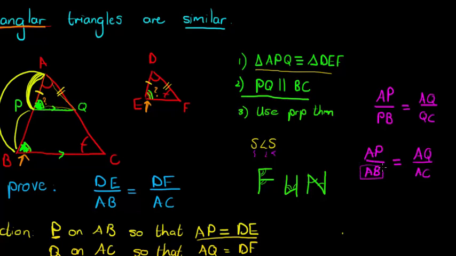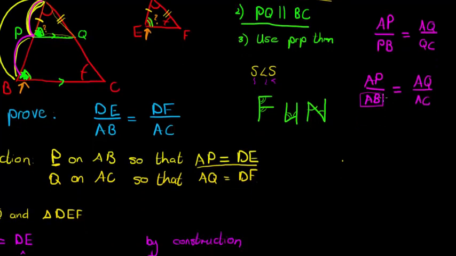AB is just AP plus PB, is it? So what I'm going to do here is just turn them around. I'm going to say let this be AB over AP. I'm flipping the fraction, as long as I do it on both sides, that's fine. So AC over AQ. I'm just flipping it because it makes it easier if I've got terms in the numerator.